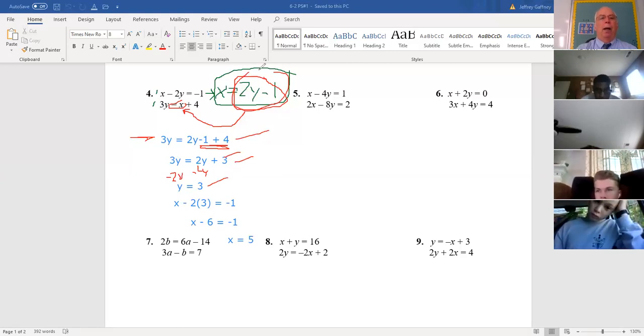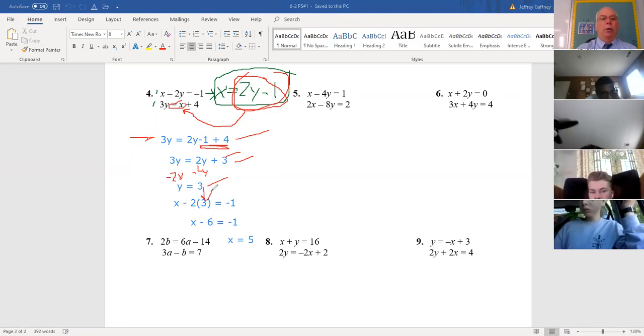All right, and so then I took that y equals 3, and since we know y equals 3, I substituted for this y up here in the original equation, since I know what y now equals. So -2 times 3 is -6, all right? And then I just added 6 to both sides.